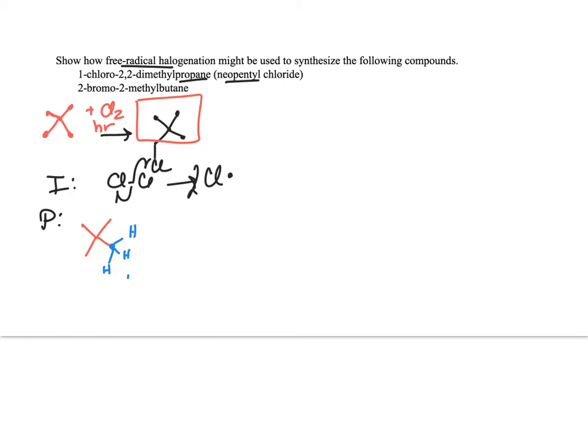Each one of these are primary hydrogens, so they're all equal. And so in the first propagation step, you're going to get the free radical here, and you're going to get the hydrogen chloride.